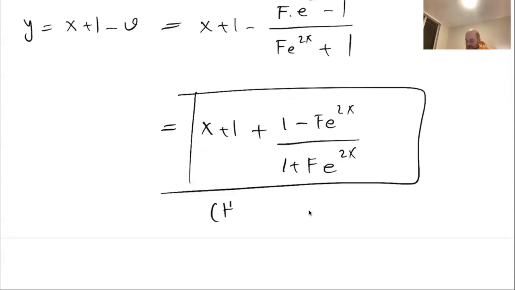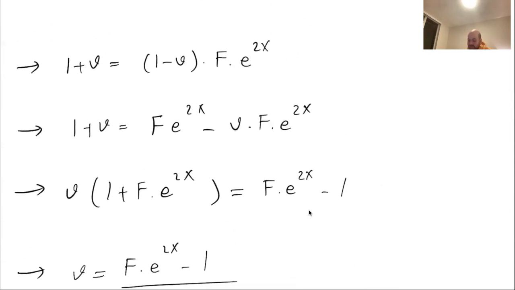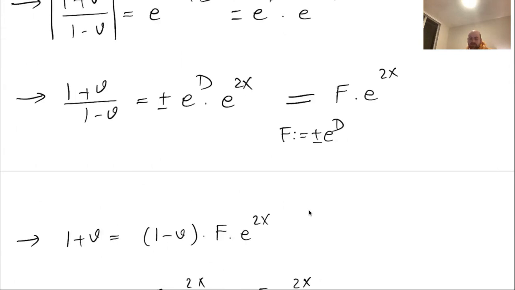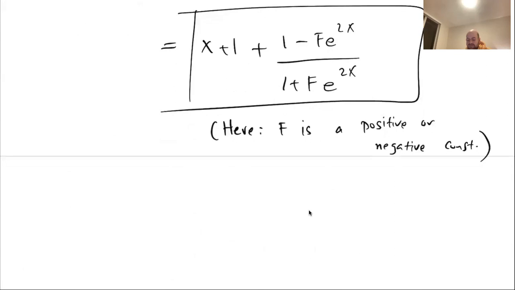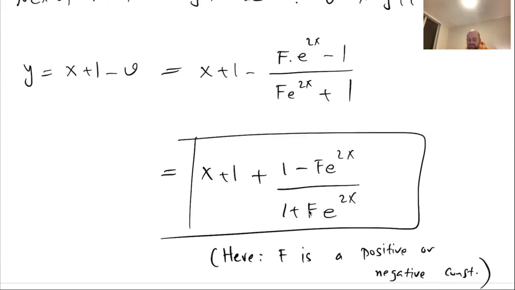So here f is a positive or negative constant, because f was plus minus e to the d. E to the d was a positive constant. F is plus minus that. So f is a positive or negative constant.